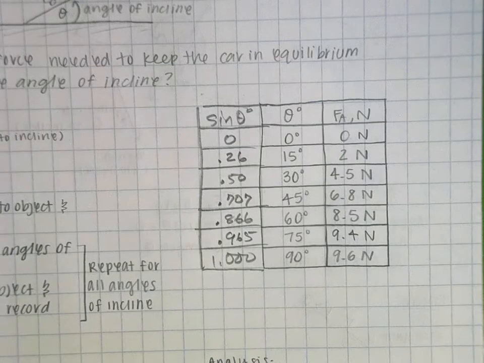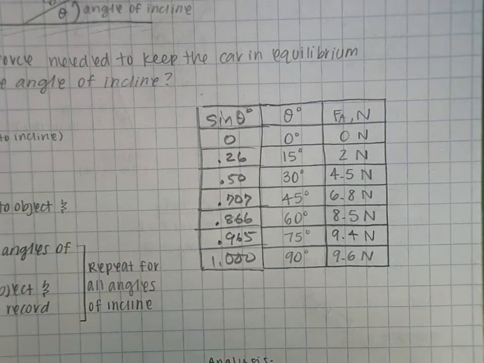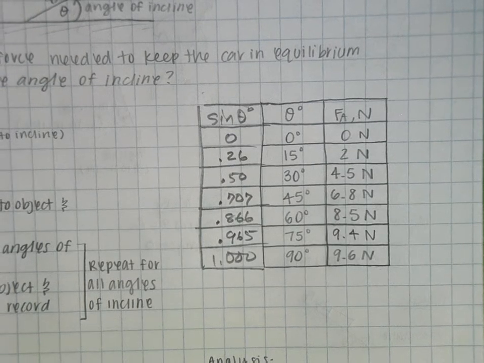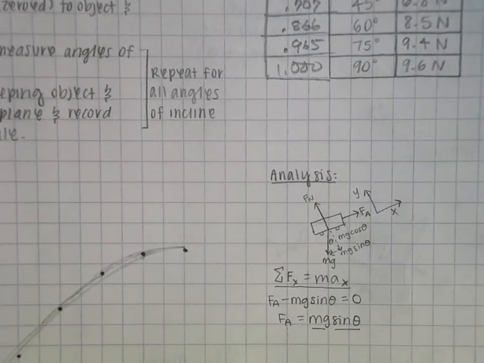Now, here's what I want you to do. Let's draw another graph. Let's graph the applied force as a function of the sine of the angle. Let me zoom out a little bit here so we can see.